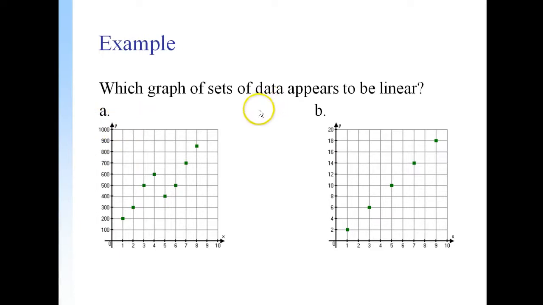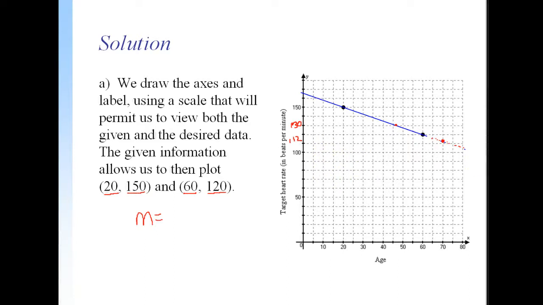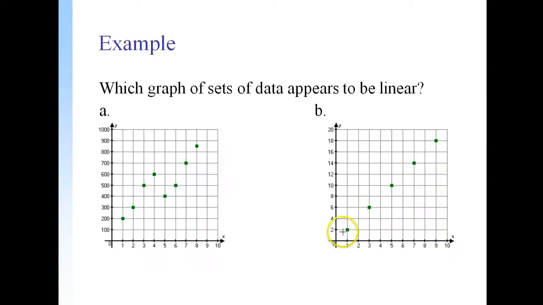Which one appears to be linear? Well, it's quite obvious it's going to be B. This is almost a straight line, or it is a straight line. In fact, if we take our line tool, we kind of line up our points, yeah, that's a straight line.